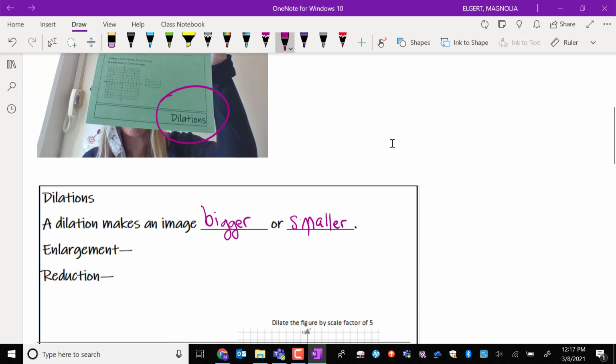We use the word enlargement when we're talking about something that is going to be bigger. And we know that because it has the word large. We use the word reduction or reduce when something is smaller.